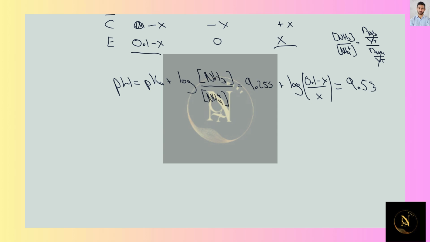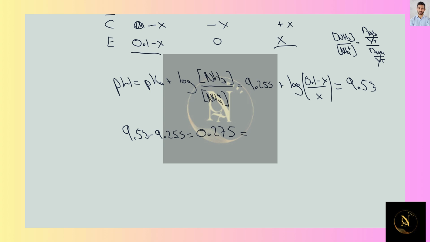We can rearrange this equation, take the numbers on one side and leave the logarithm on the other. We are going to get 9.53 minus 9.255 on the left hand side. So 9.53 minus 9.255 is equal to 0.275.